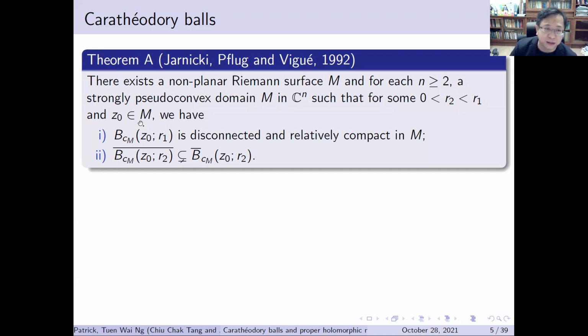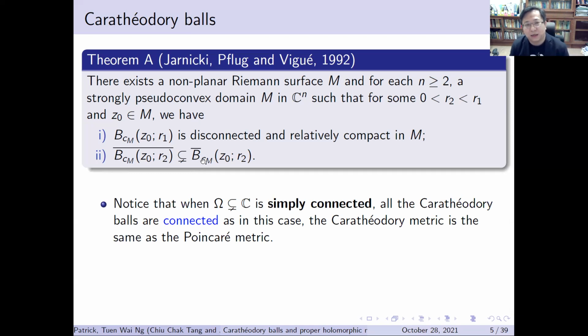First, they can find a ball which is disconnected with respect to this Carathéodory metric and is also relatively compact in M. Then, because of the first condition, they can construct a smaller ball so that its closure is a proper subset of the closed ball. So, in either this non-planar Riemann surface, which is dimension 1, or in the higher-dimensional case, they can construct examples showing that some balls are disconnected.